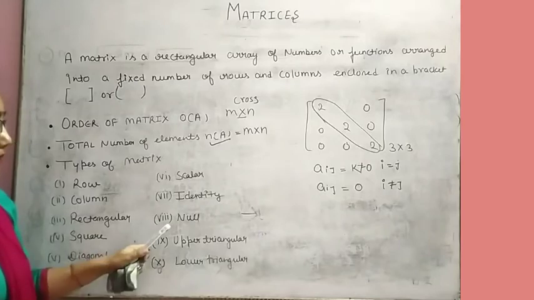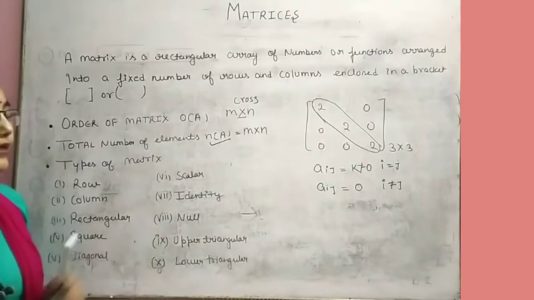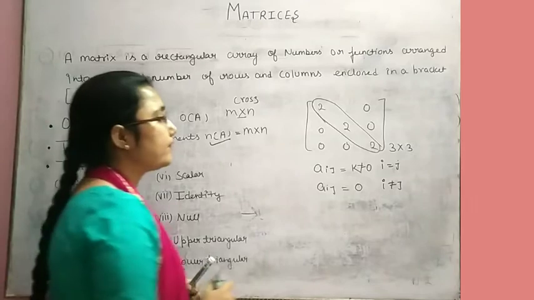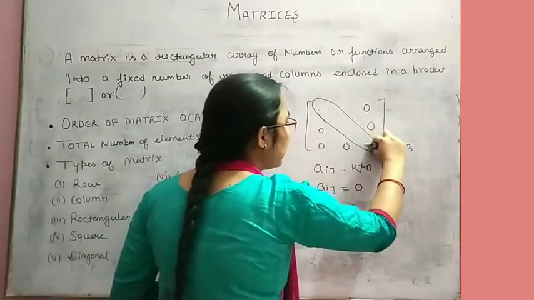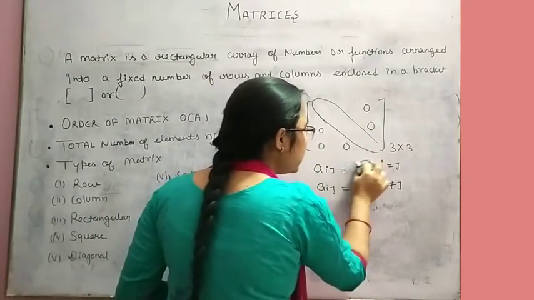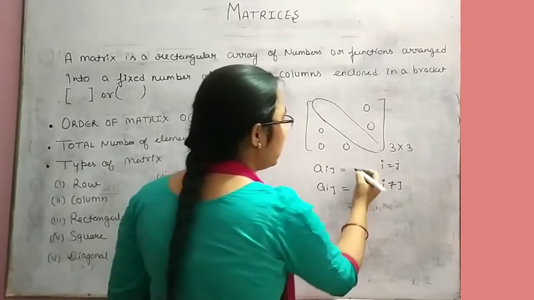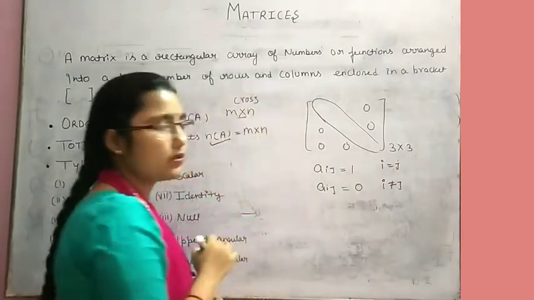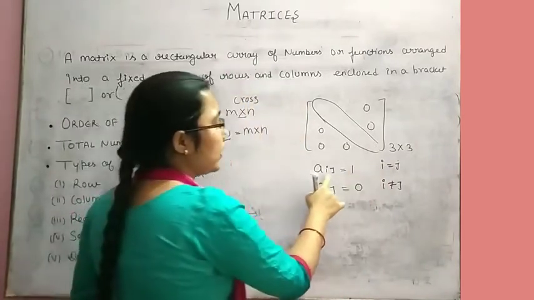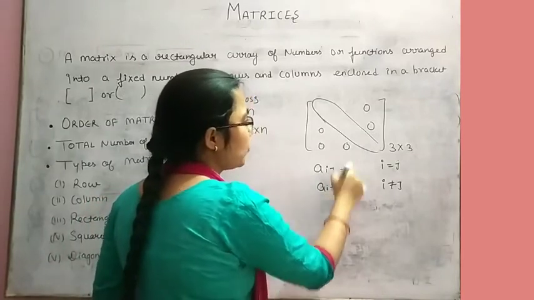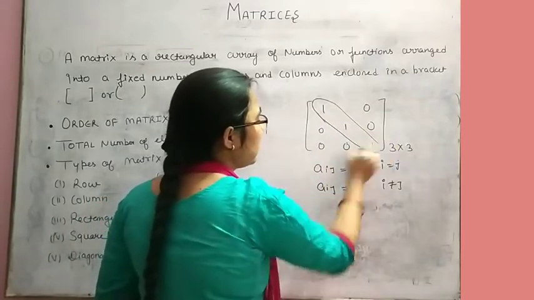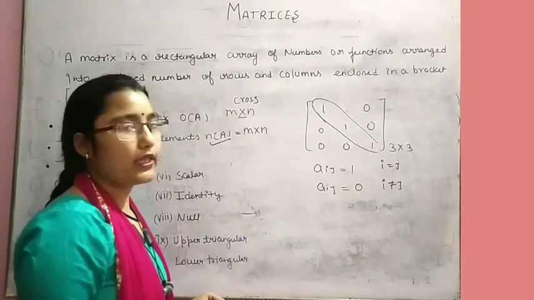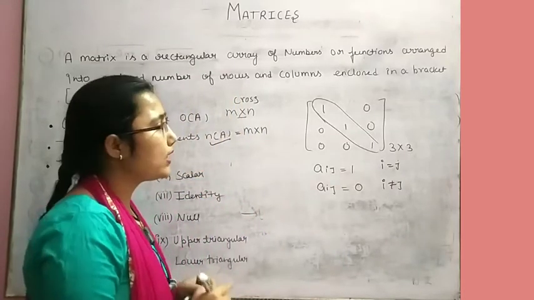And next, identity matrix. In identity matrix, principal diagonal entries are equal to 1 and non-principal diagonal elements entries are equal to 0. So, Aij equals to 1 if I equals to j, that means 1, 1, 2, 2 and 3, 3.